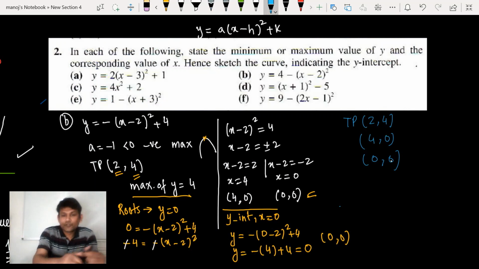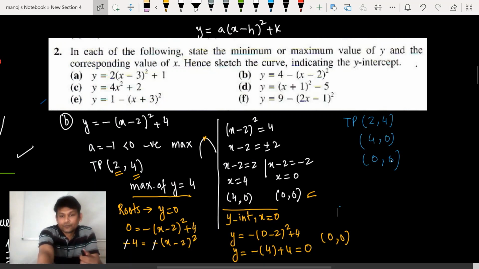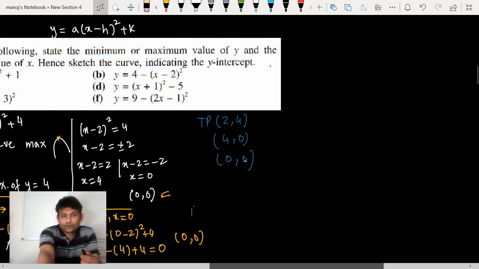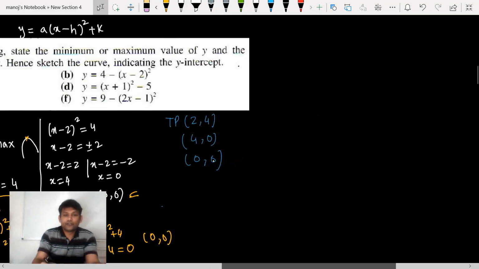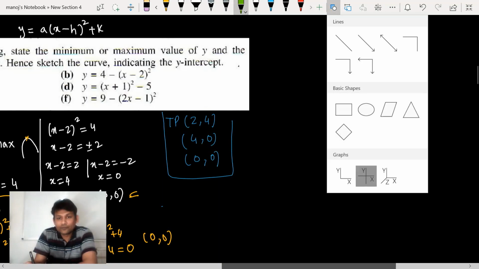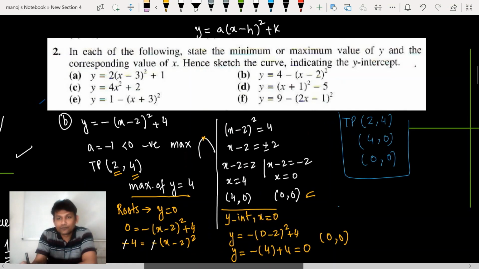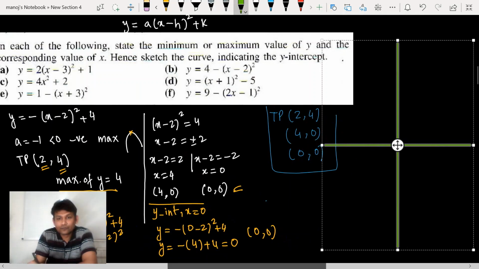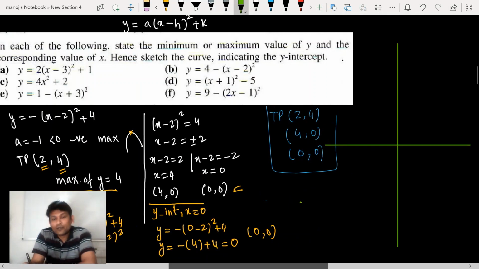To draw the sketch, now we have these coordinates: the turning point, and we are not having more than these, and I want to use 3 coordinates to draw the sketch. In this situation, the maximum x is 4, the minimum is 0, and the maximum y is 4.